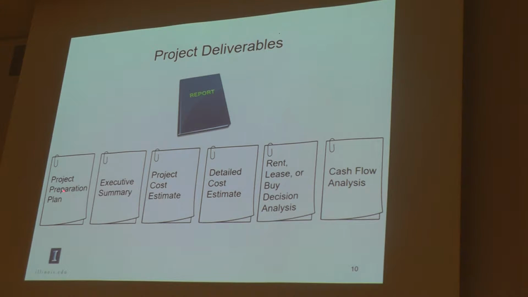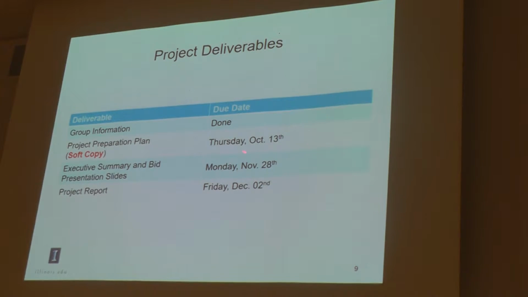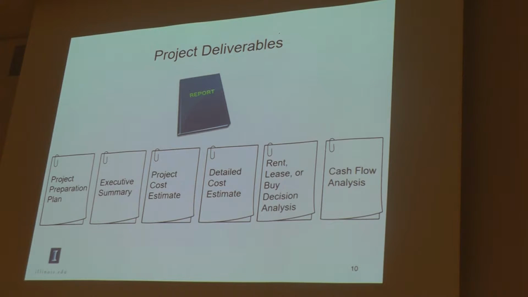The report will include the project preparation plan, executive summary, the detailed cost estimate, release plan analysis, and the cash flow analysis. As you know, you have already submitted the preparation plan and executive summary on these dates, in October and November. In the final report, you need to include them too, although you already have submitted them.